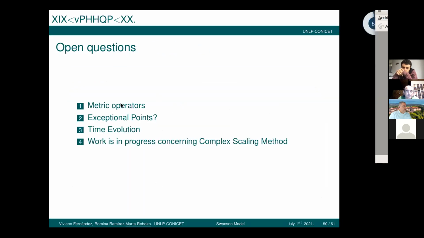Well, open questions: metric operators, exceptional points, and trying to work on what happens with the time evolution of this system.